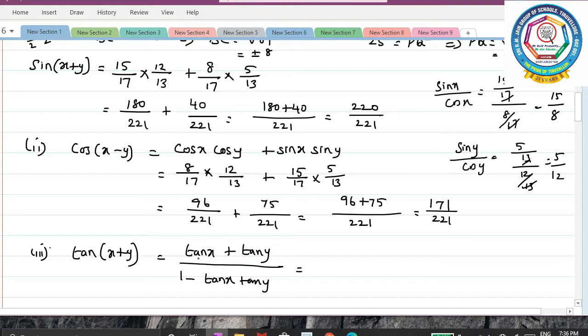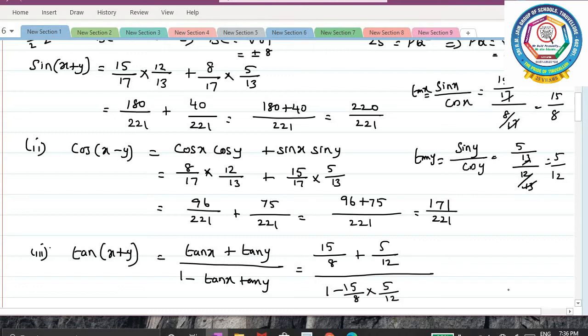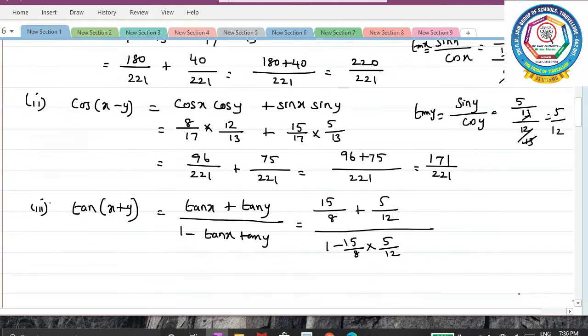So you have to substitute tan x and tan y. Tan x is equal to 15 by 8 plus tan y, 5 by 12, divided by 1 minus 15 by 8 into 5 by 12. We have to simplify this one, so we have to take the LCM.